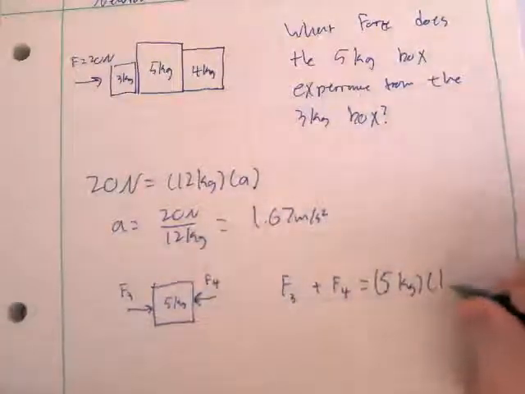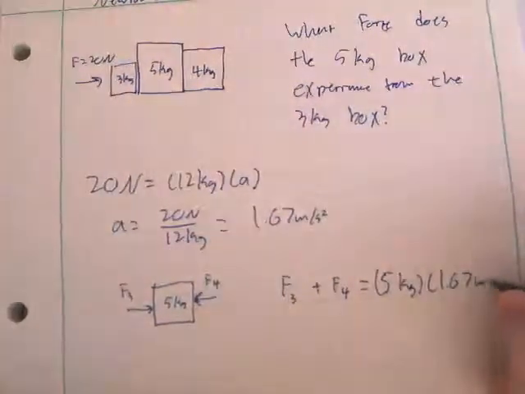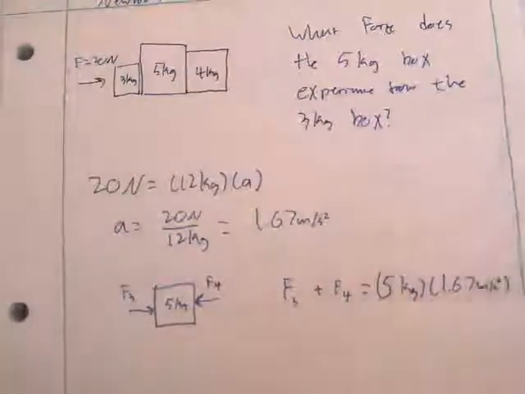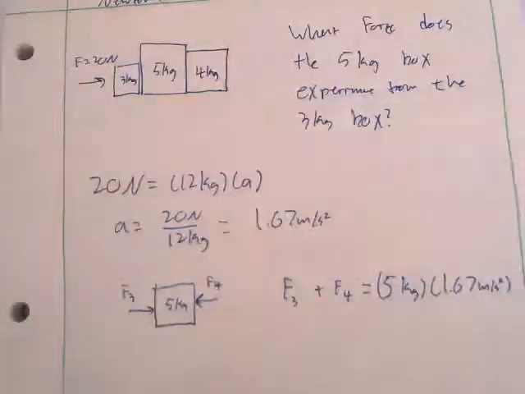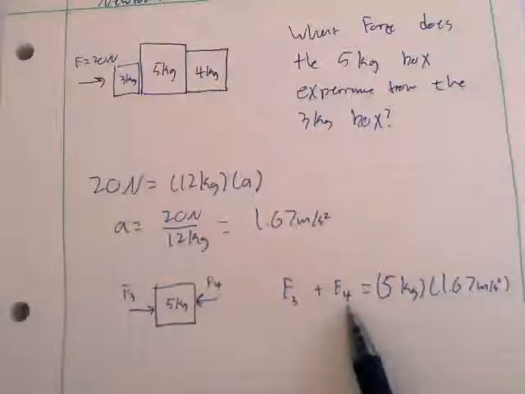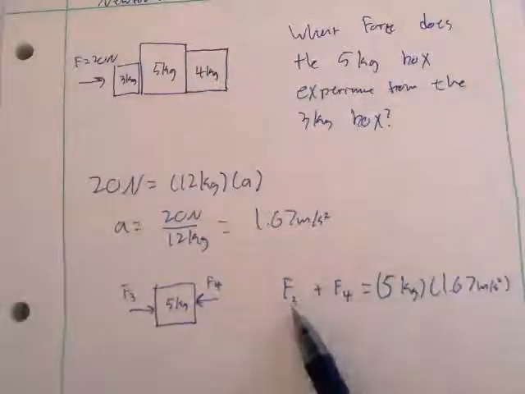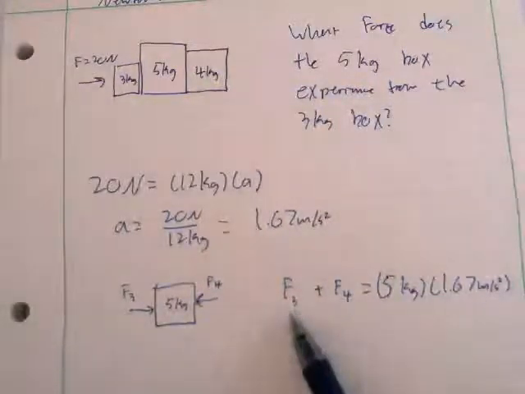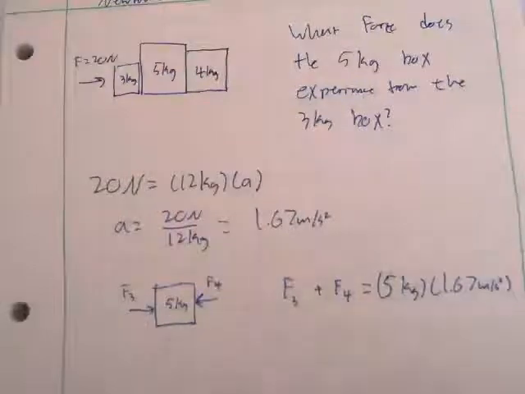We already know that it's 1.67 meters per second squared. So if we can figure out what this force is from the 4 kilogram box, we can then plug this in and we can solve for what the force from the 3 kilogram box is being exerted on this 5 kilogram box. So how can we figure that one out?